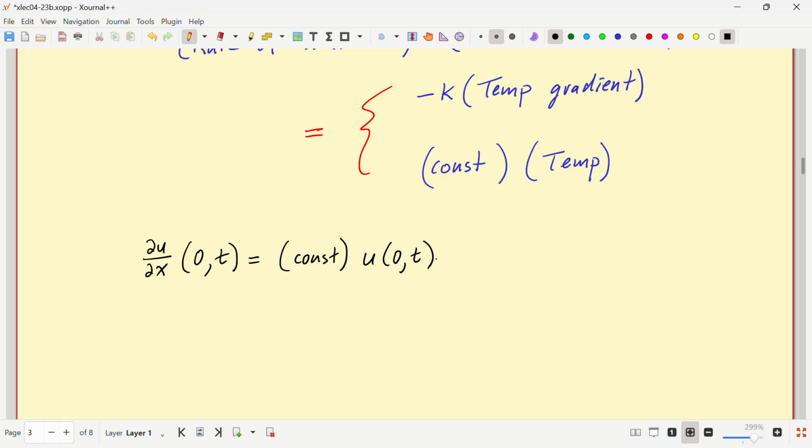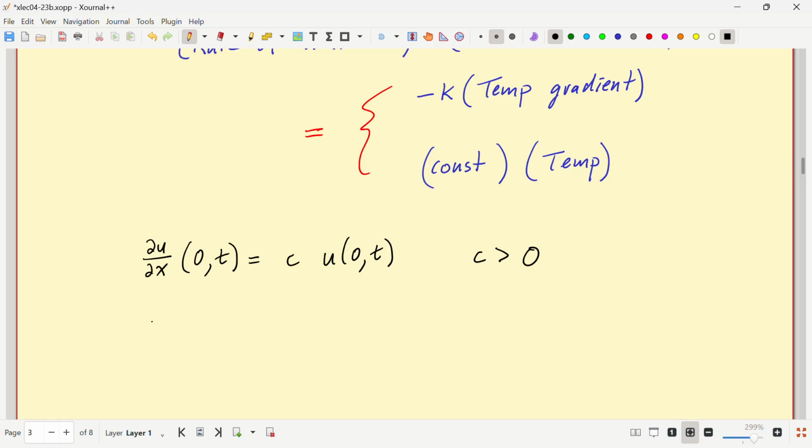Then the fact that the heat is flowing out means that the du/dx would be positive, right? At 0, which is the left-hand side, let me put a C here. If it's hot, then the heat would be flowing out, and so the gradient would be a positive slope because it's flowing out to the left. So that C would be bigger than 0.